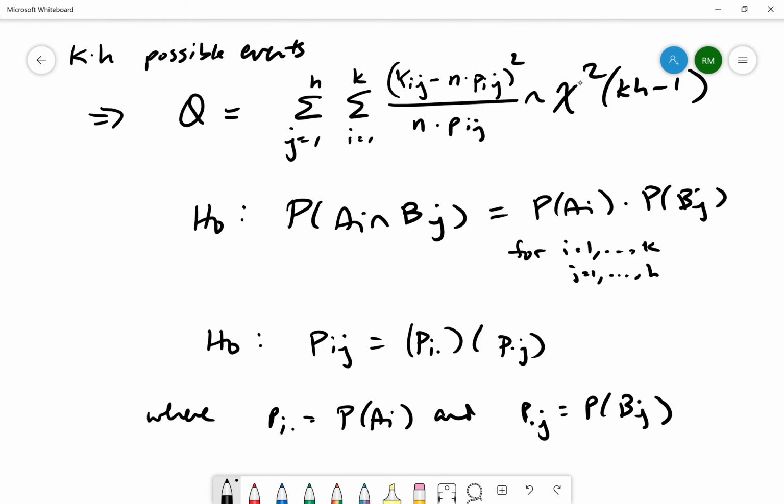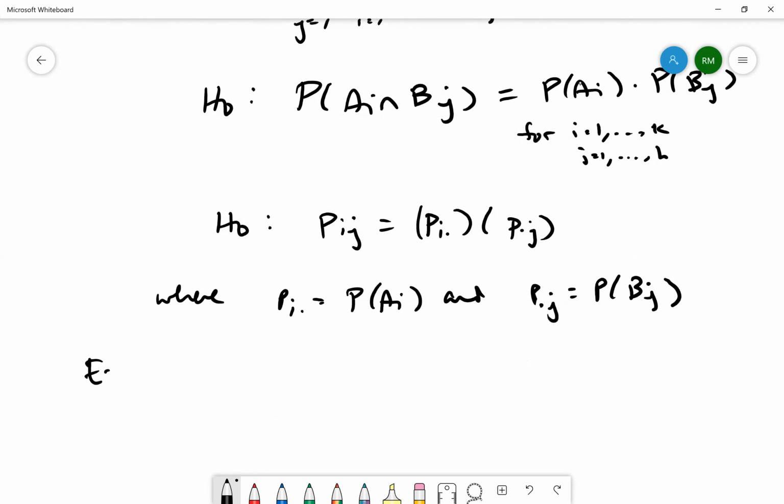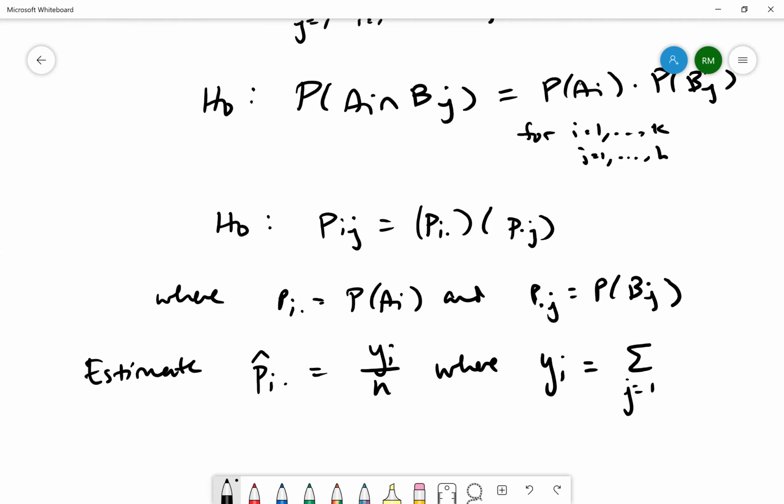So unfortunately, we don't know what the Pi dots are, nor the P dot j's. So we need to estimate them. We estimate the Pi dots by Pi dot hat equal to Yi dot over n, where Yi dot is the sum of basically all of the outcomes in Ai.